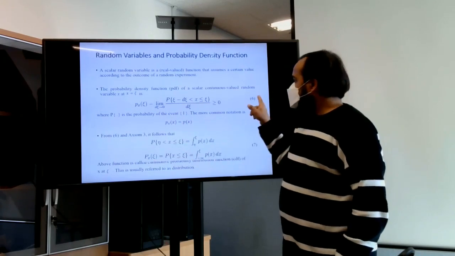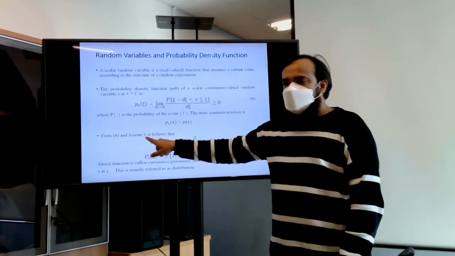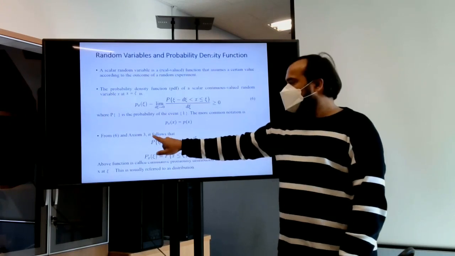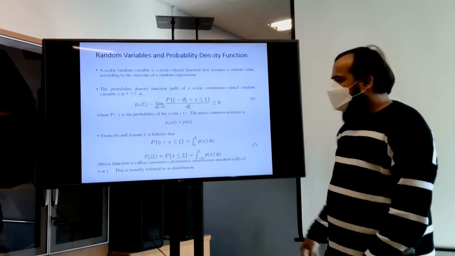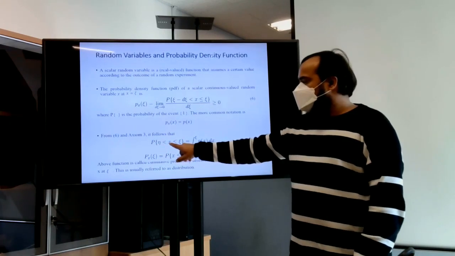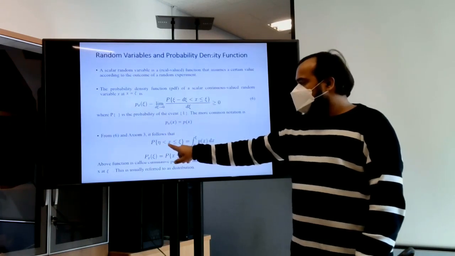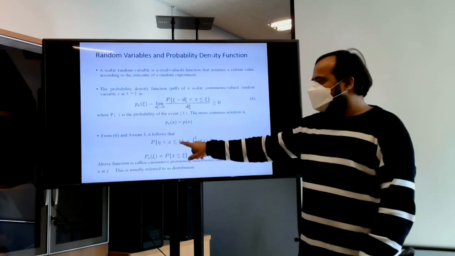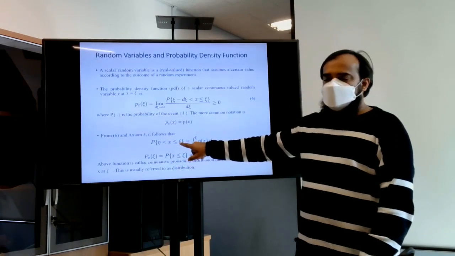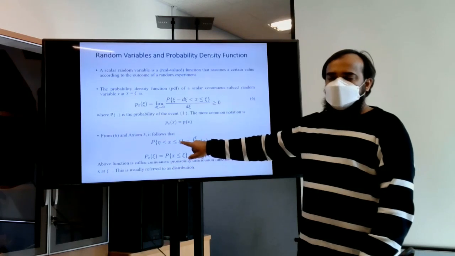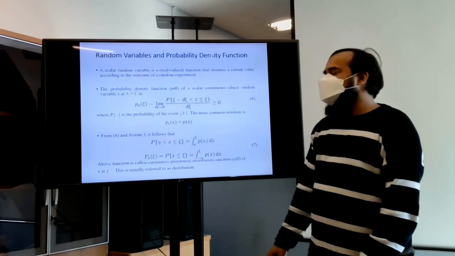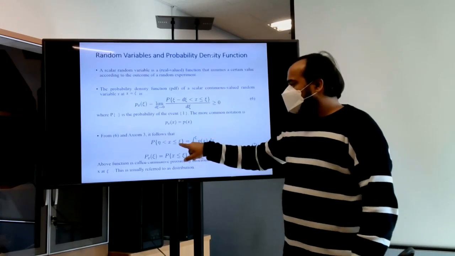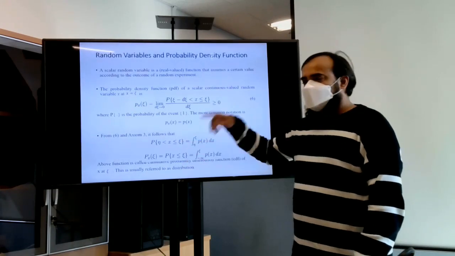From equation 6 and axiom number 3, that is the additivity rule, it follows that the probability that the random variable lies up to any value eta, with epsilon as another symbol.